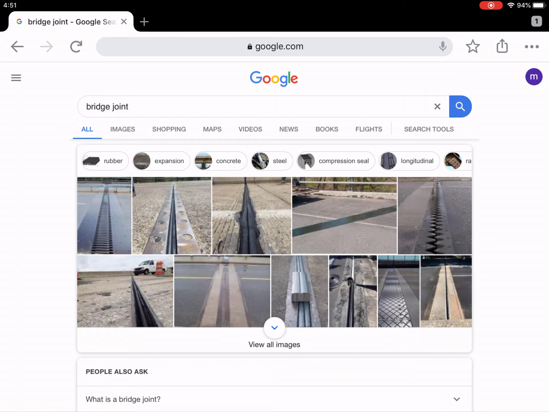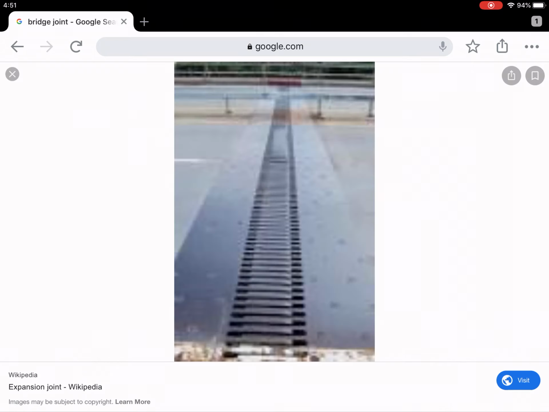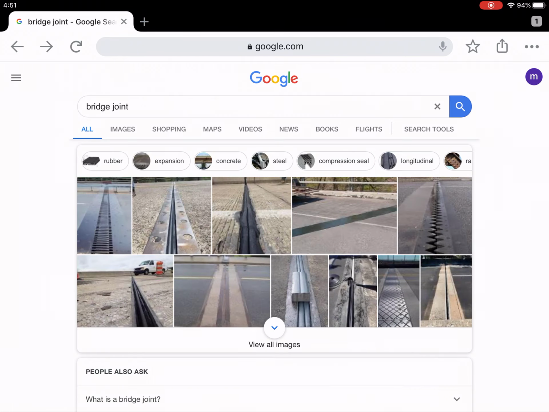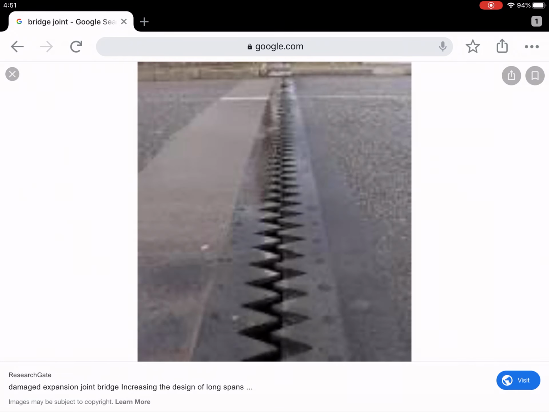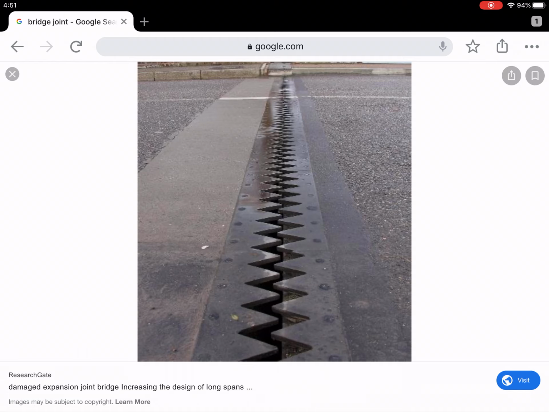These joints are to allow for thermal expansion of the road. That's not a very good one because it's kind of unclear. But here you can see how there's some space there, right? And so in the summer when things are hot, those can grow together, and in the winter when they're cold, they pull apart. If you don't put that in there, you get cracks in the pavement.